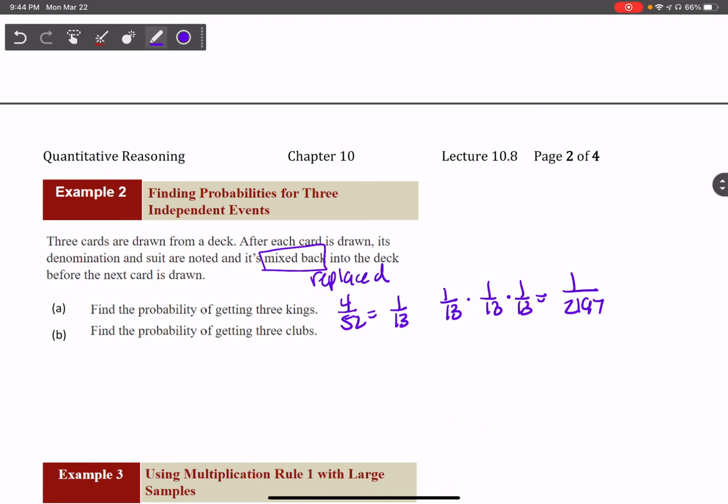How about the probability of getting 3 clubs? Okay, same concept where we know that there are 13 clubs out of 52, which reduces down to 1/4. So that's really 1/4 times 1/4 times 1/4, where each one of those is a club.